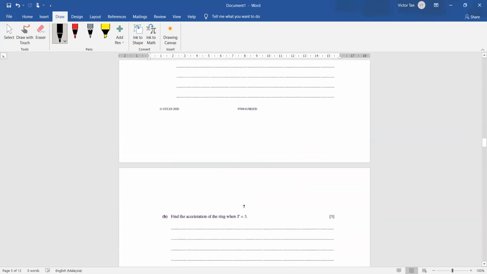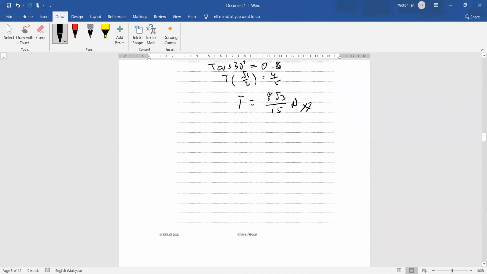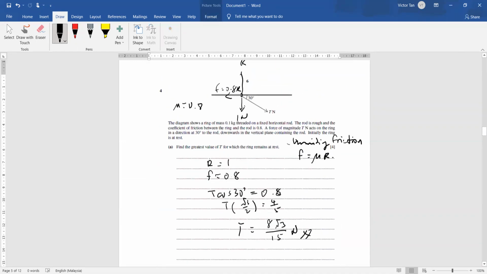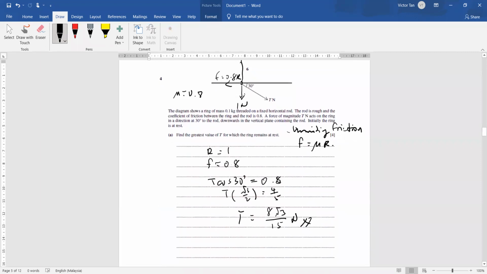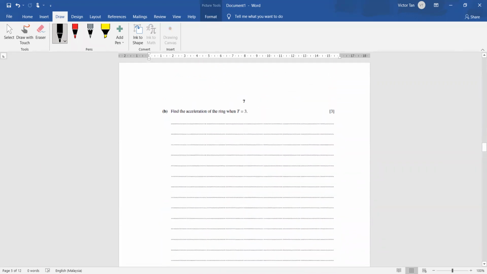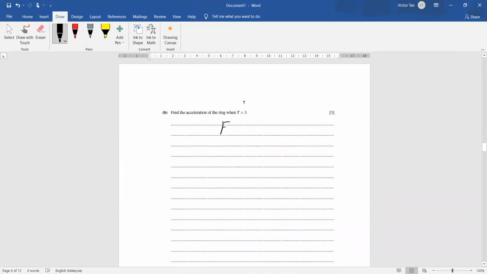Find the acceleration of the ring when T equals 3. So when T equals 3, again, F equals MA, F being the resultant force.